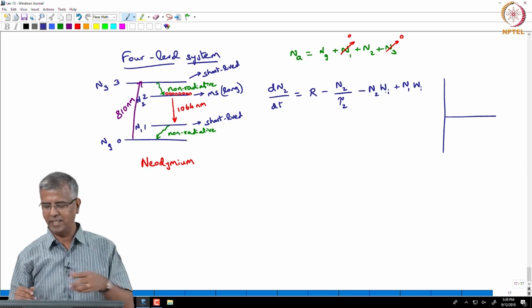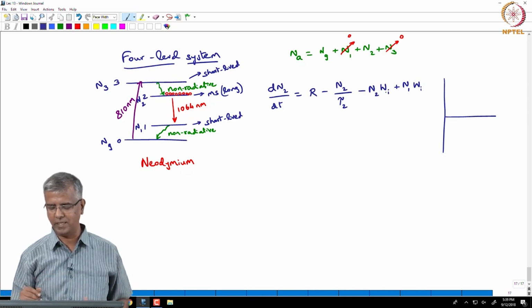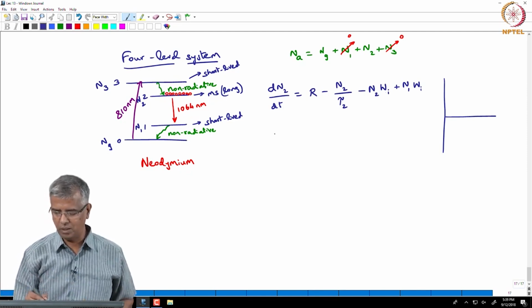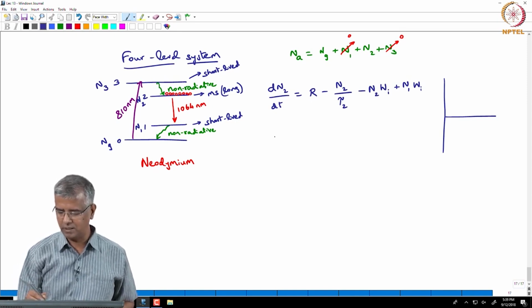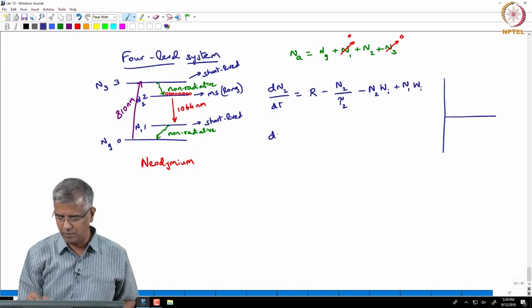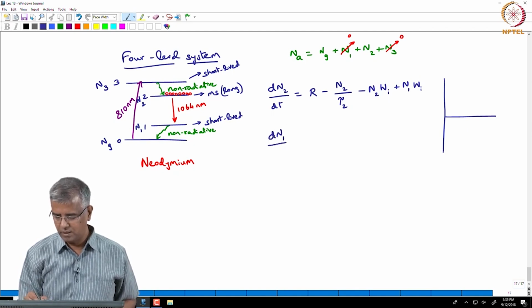But of course, that is what I was saying, I jumped the gun a little bit in saying that you get inversion at very low pumping rates, but nevertheless that is what we will get to at the end.